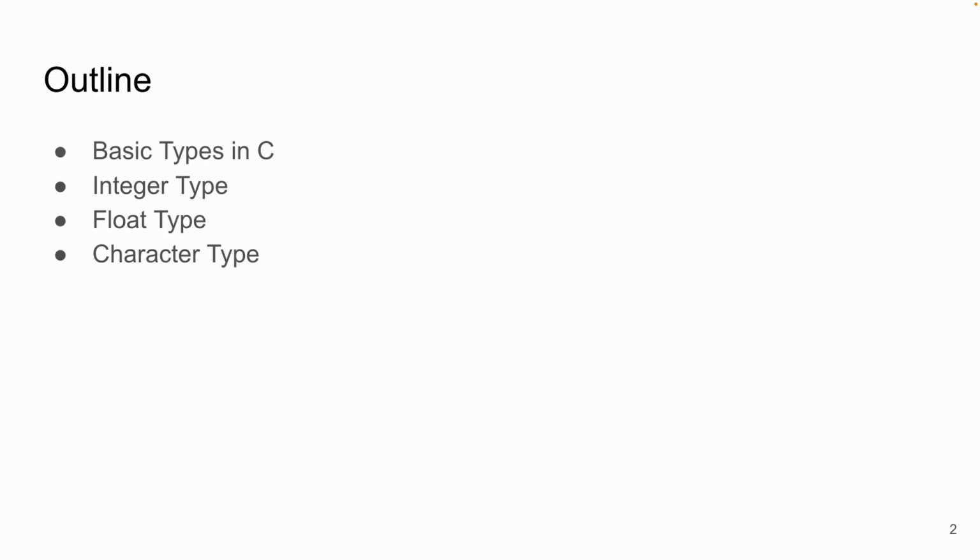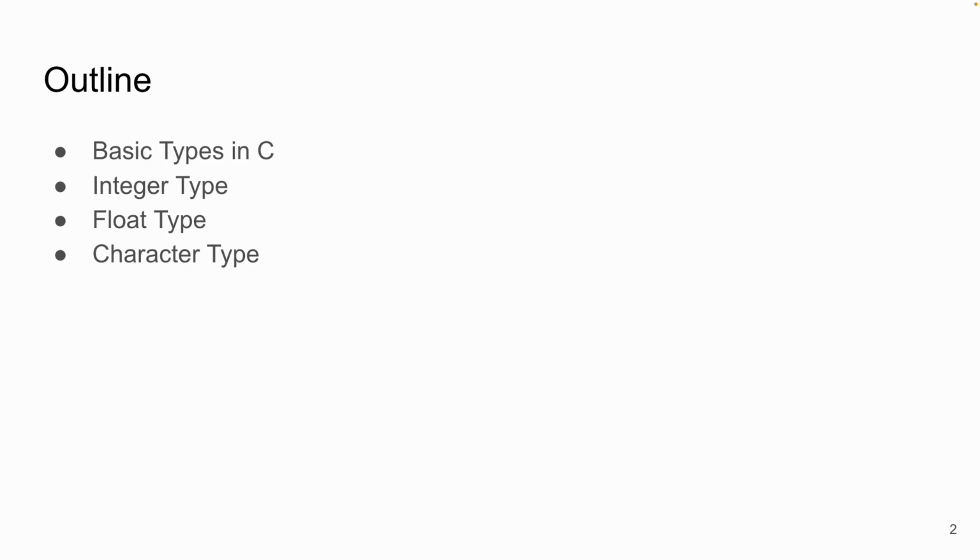We already saw some basic types in the previous course, right? We have the integer variable, the integer value, the floating point value and the float variable. But those are just two of the basic types we can use in C, and we actually have more.